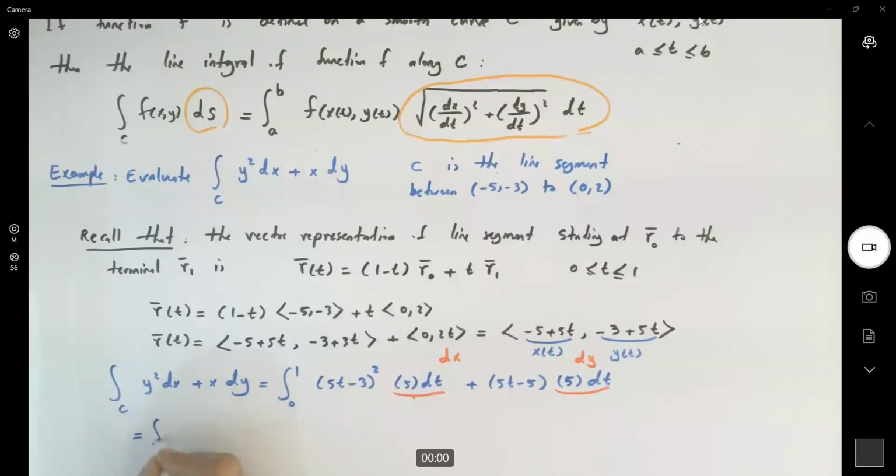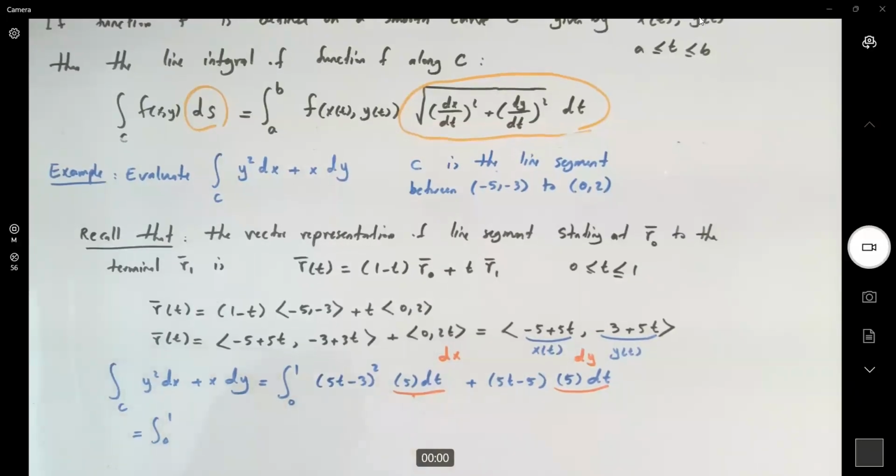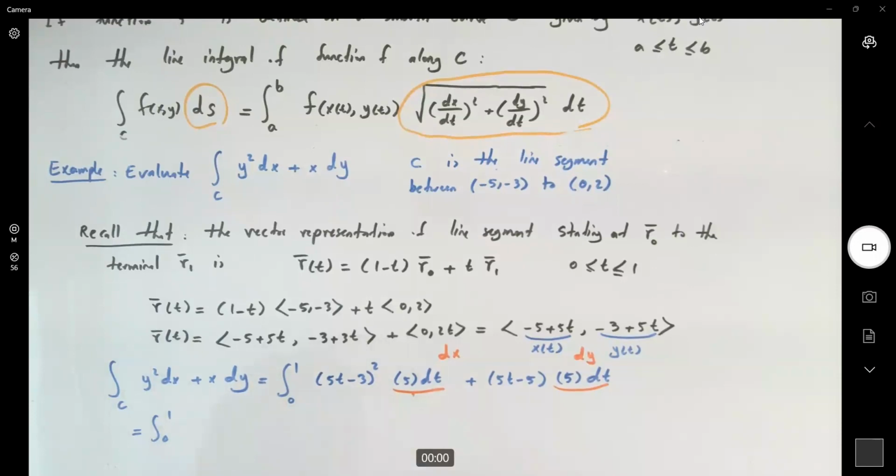Now let us take the integral. This guy is equal to the integral from 0 to 1. And let's take the first integral. And here you have u sub. So you're going to end up with 1 over 5, (5t minus 3) to the third divided by 3, from 0 to 1, and you have another 5, so you don't need this 1/5, you already have that. And plus, again, you have this guy here, you get a half, (5t minus 5) to the second, from 0 to 1.